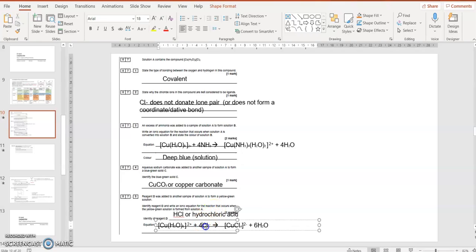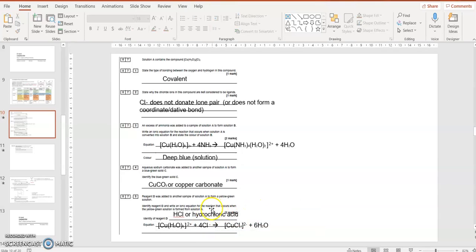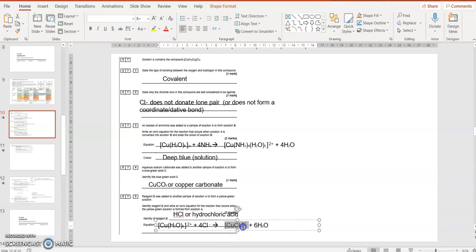Cl minuses are big, and so you only get 4 Cl minuses instead of 6 waters, because waters are small and Cl minuses are big. Now, it's a tricky question this, because it's not well known that when you replace waters with Cls, Cl complexes like this, CuCl4 or FeCl4, are greeny coloured. So the clue is that it's yellow-green, and you've used hydrochloric acid.